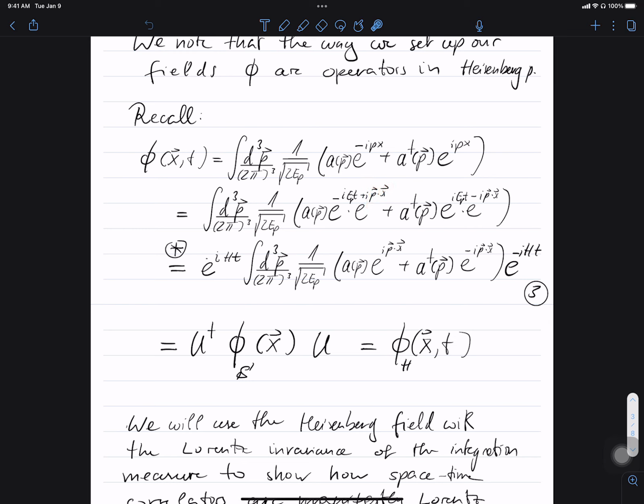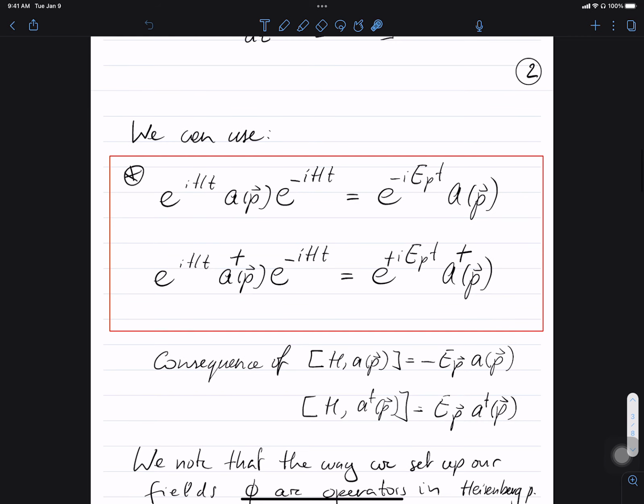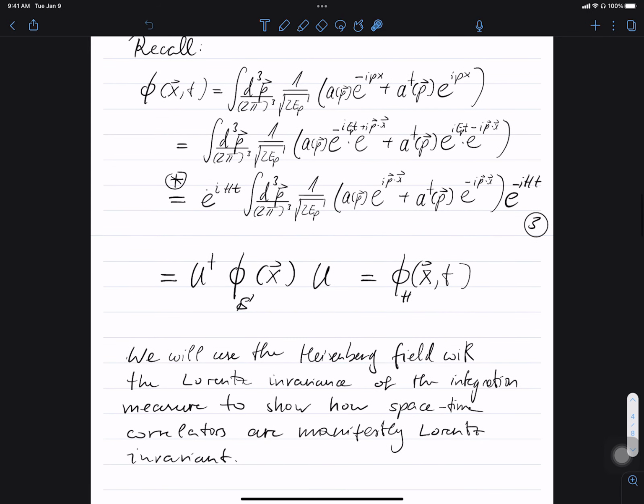Now we note that those combinations, the a and a dagger multiplying the exponential function with the E, can be written as the operator sandwiched in between the exponential functions with the Hamiltonian. We can pull those functions out after we write the equation, and those functions are just the unitary operators that drive this time evolution.